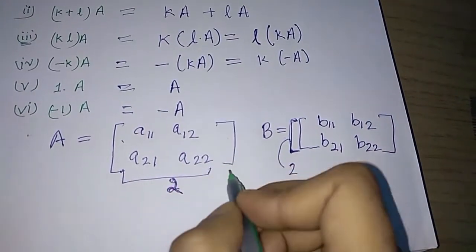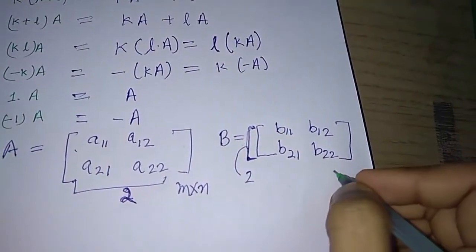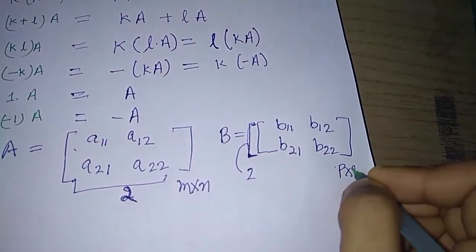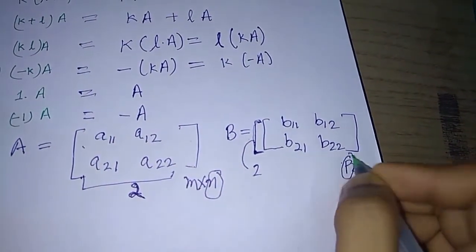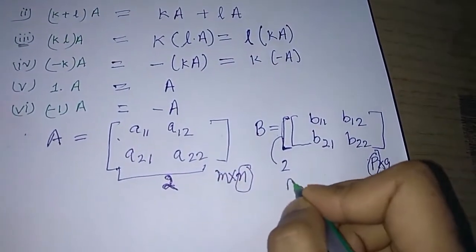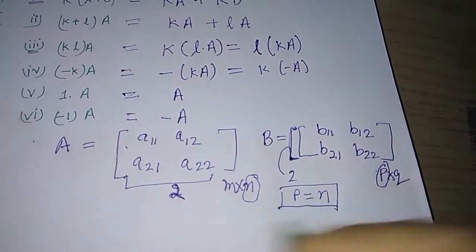If we assume this as m by n, and this as p by q, then n should be equal to p to perform the multiplication.